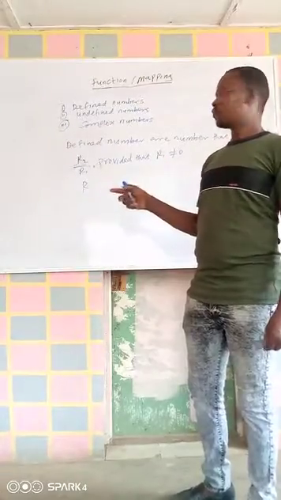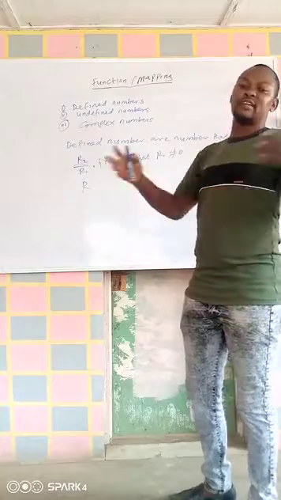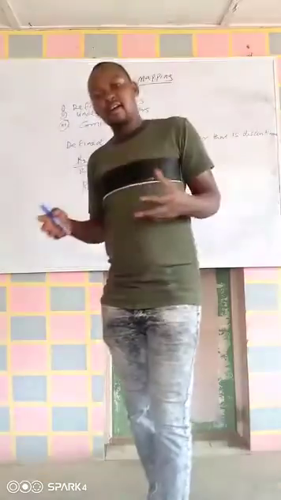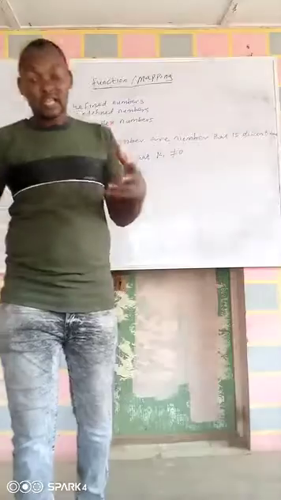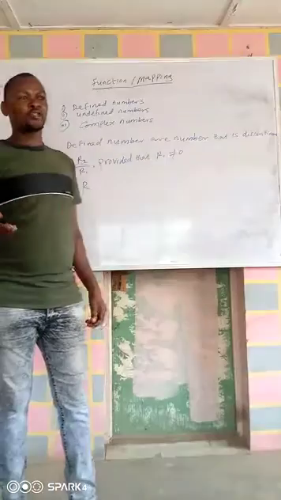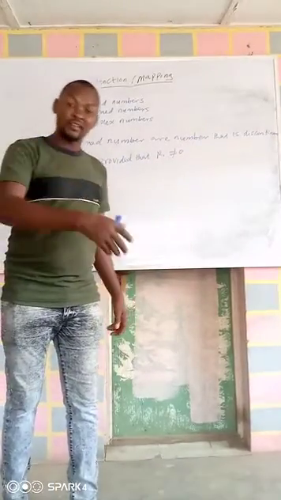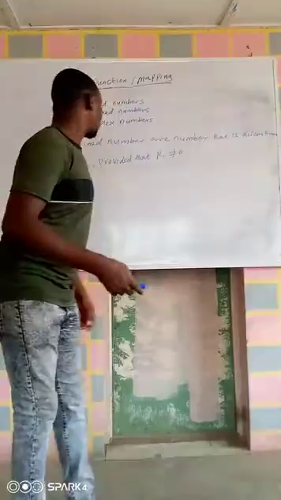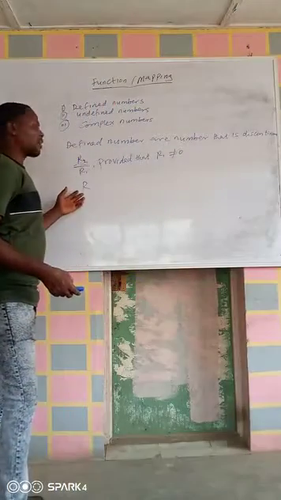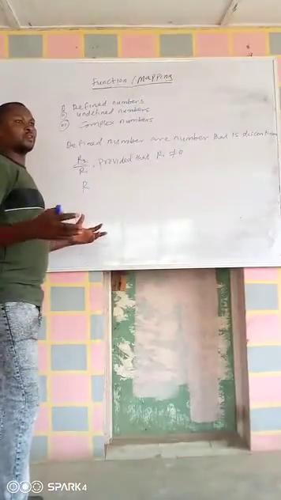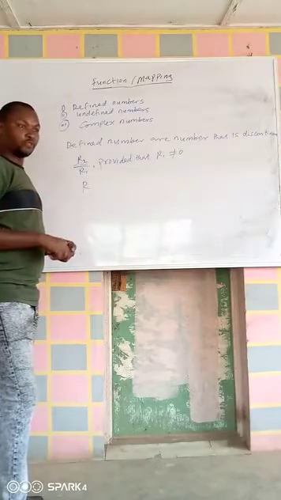Of real number. So real number is a superset of integer because integers can be found in real numbers. So when we say real number, we are indirectly talking about integers inclusive.